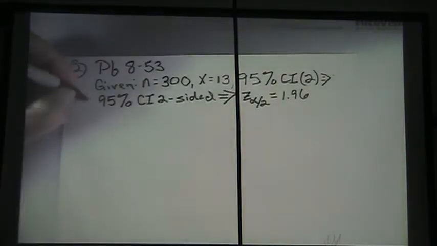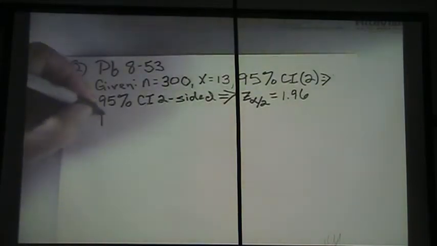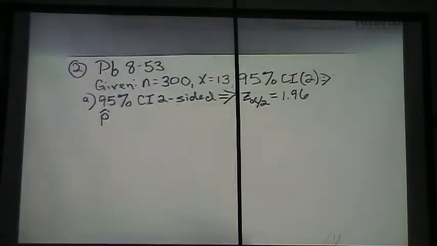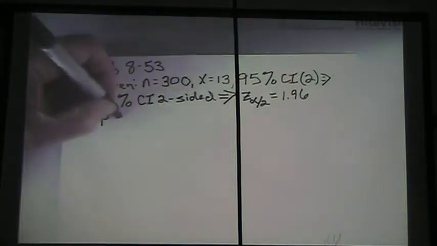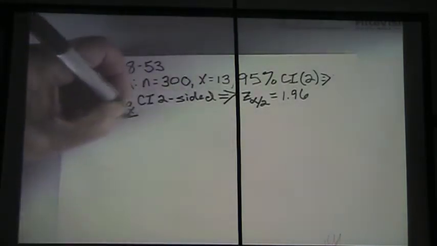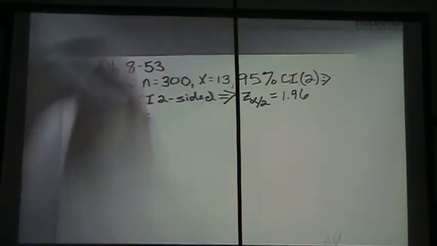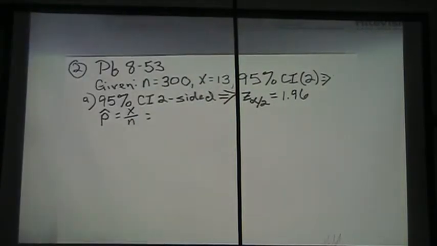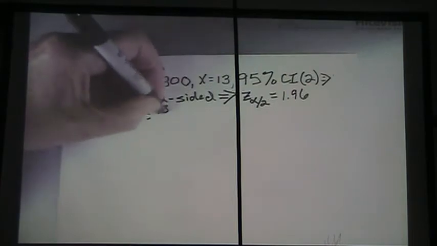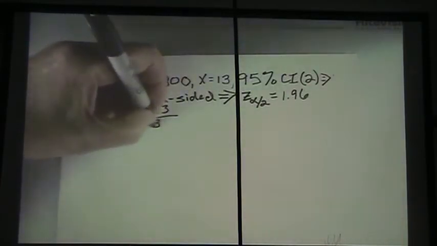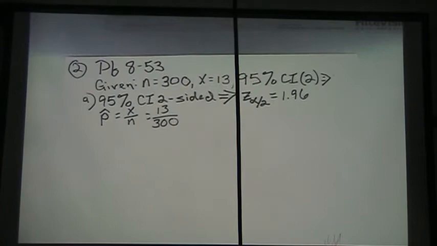All right, so this is part A. We calculate our p hat as being equal to x divided by n. And x we know is 13, and n is 300. All right, so pardon me a moment while I fire up the old Excel.